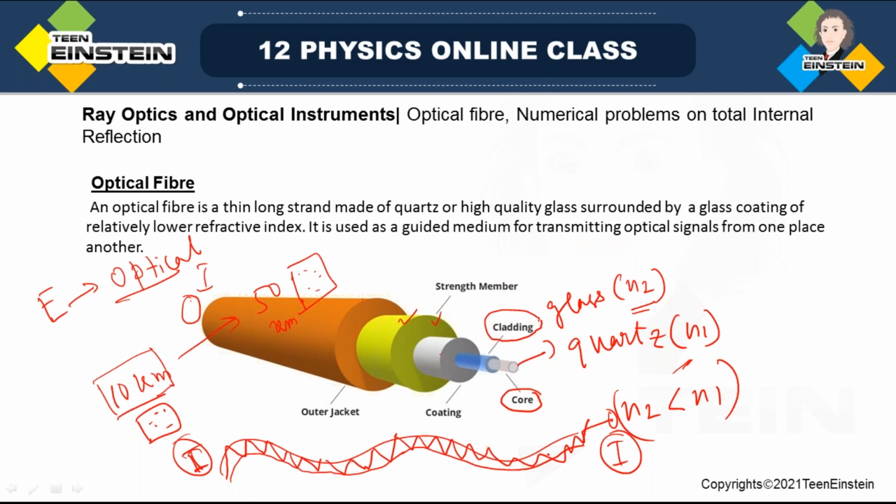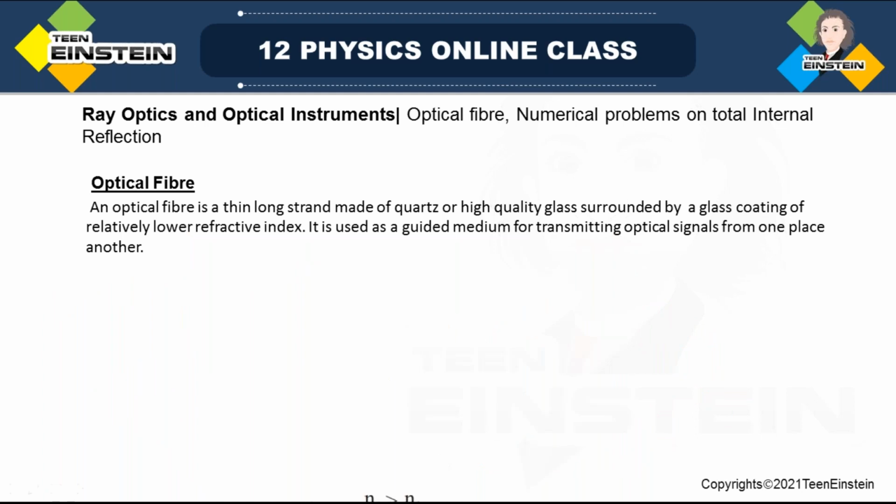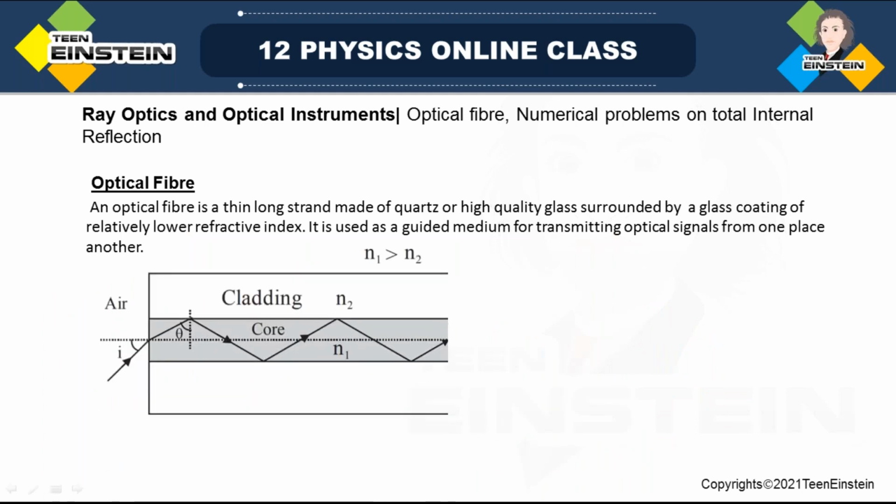Now we'll go to the technical details, the physics behind it. As we have learned, optical fibers are actually in the shape of a tube. If you cut a tube and see the cross sectional view, it will be kind of a rectangle.